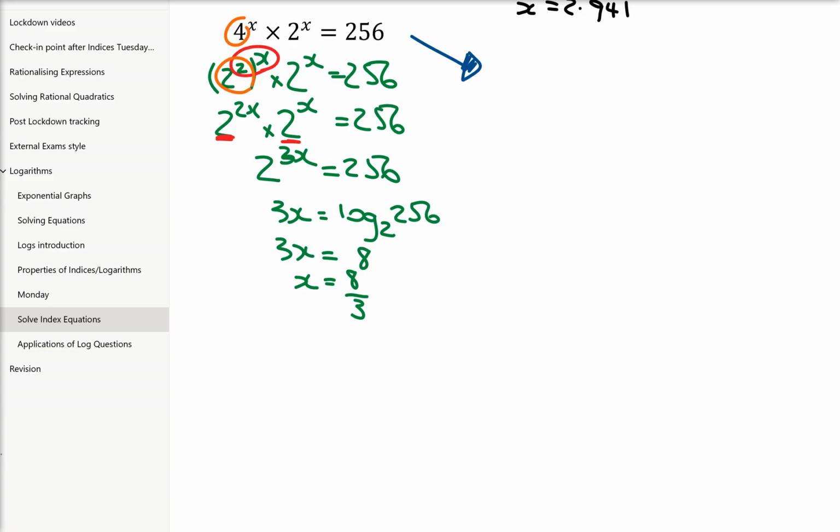What you could do is say this is 4 times 2 all to the power of x. So in other words, if I gave you a times b to the power of 3, what would my answer be?